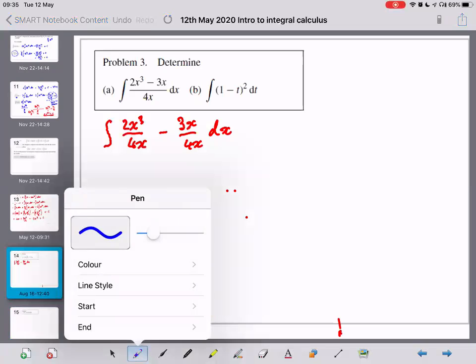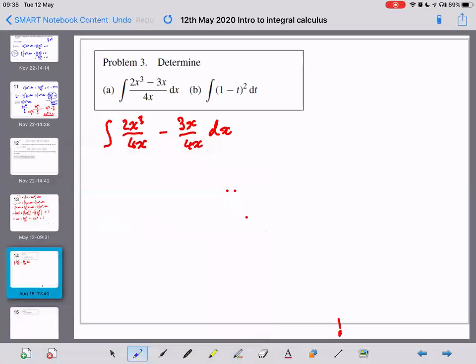So if I put blue on, that x can go, change that to a 2. And this x can go. So we've simplified it to be, and we've got 2 over 4 here, so that's a half. So we've got x squared over 4.